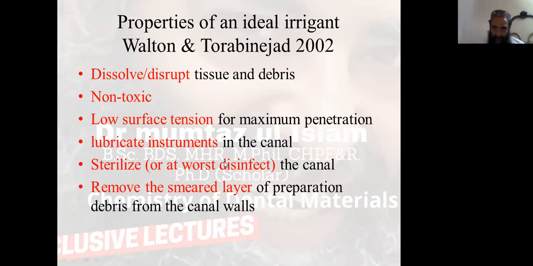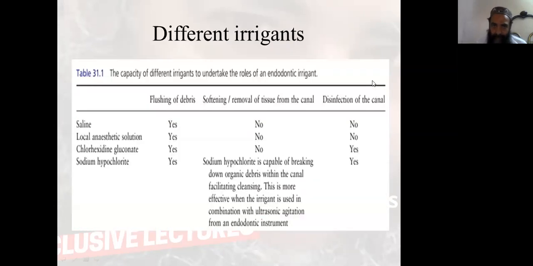Lubricate instruments in the canal. Instruments mean the files which we are going to use. Sterilize or at worst disinfect the canal, and remove the smeared layer of preparation debris from the canal walls.